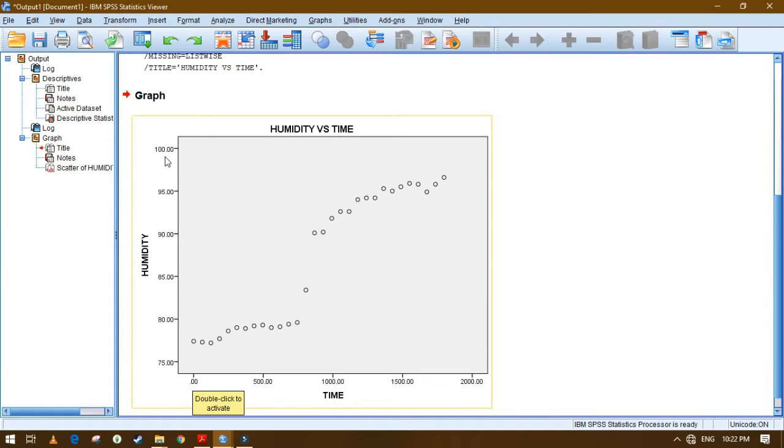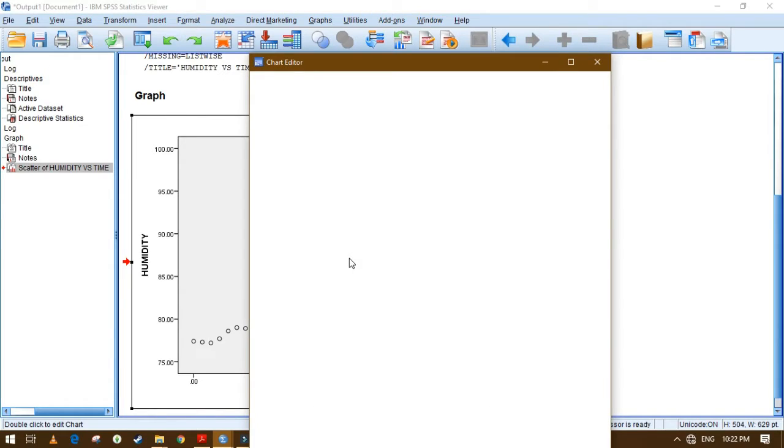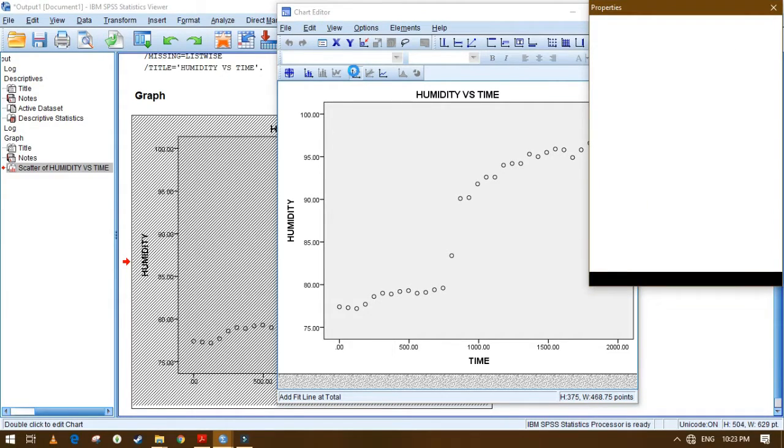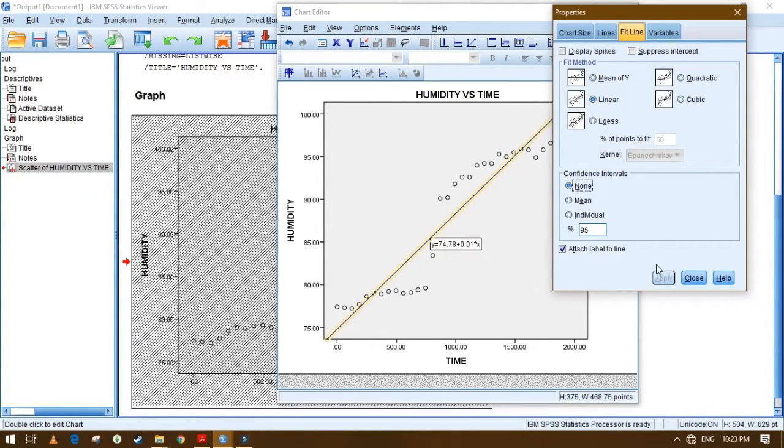Okay, so then we need to show the regression line. So to show regression lines, double click to this graph and add fit line and total. Here, choose the linear, add the fit method, and the graph of the regression will show up on the chart editor.